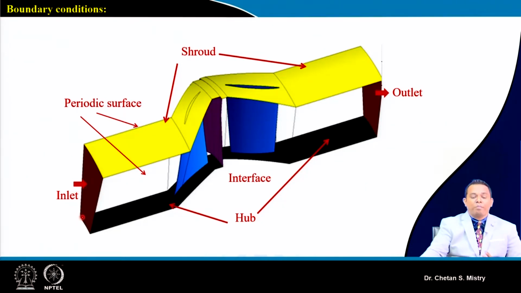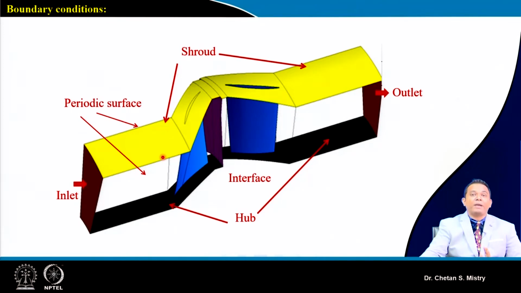Here the domain we are making needs to be thoroughly understood. Suppose this is my rotor blade. From the leading edge I need to put my inlet domain, say 1 chord or 1.5 chord upstream, so that the flow I put here goes inside my rotor blade and gives what we are looking for.